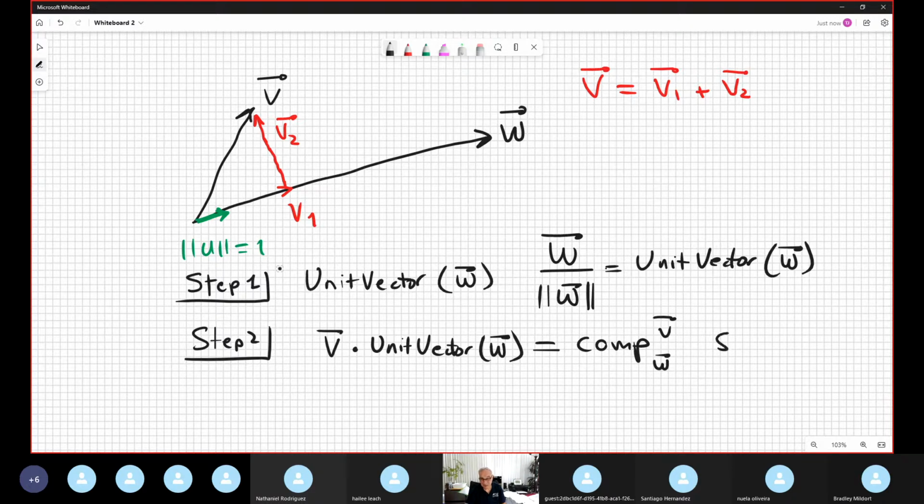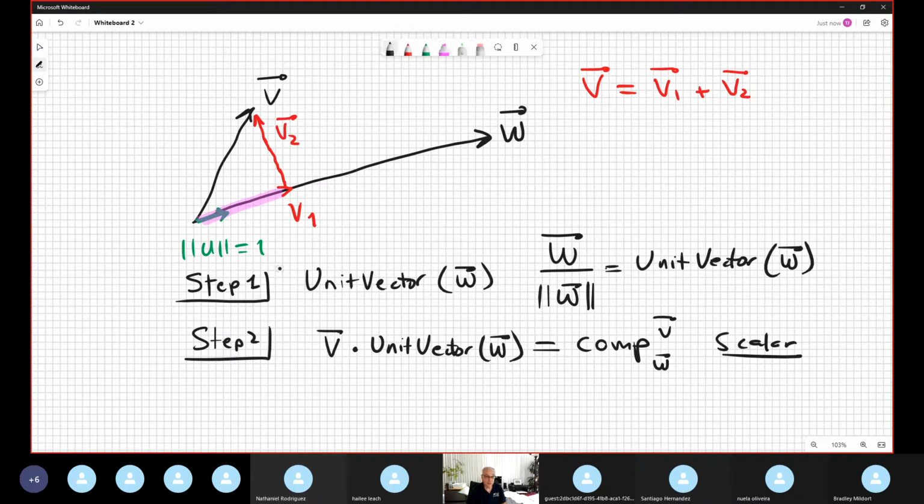This is a scalar, it's obvious, no? Because the dot product gives me a number. And this is the length of that segment. It's not a vector, it's a number, like 40 or 20.